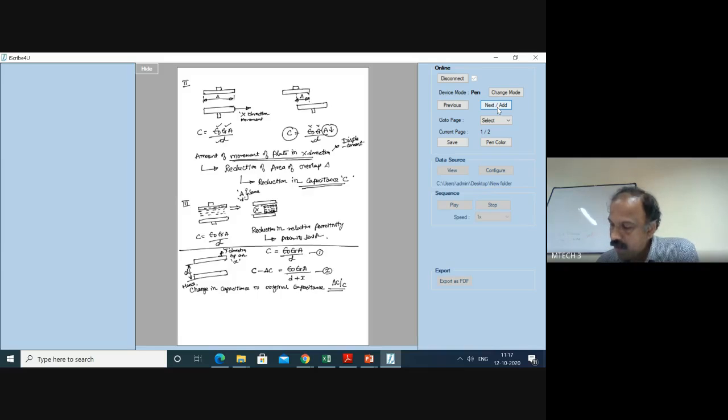Now we'll calculate this. To get this, we'll divide 2 by 1. All of you make a note of this and do some calculation in your book.